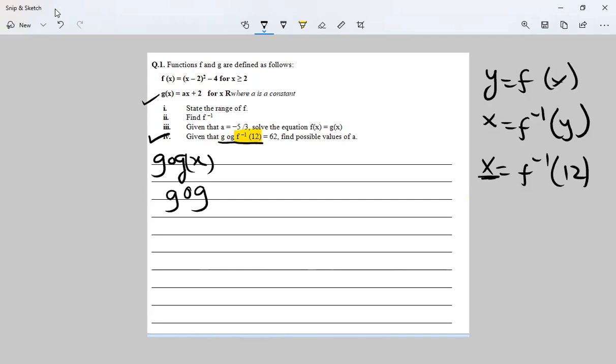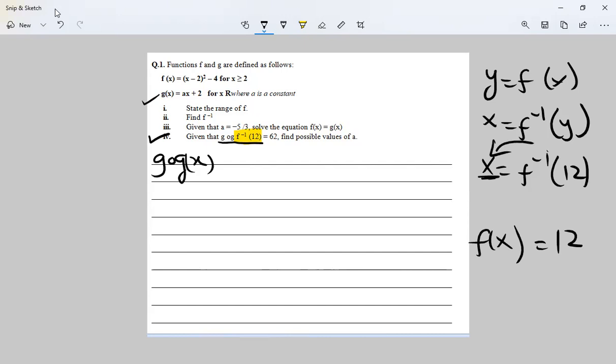Firstly, we will work for a few facts that are also given. As we know, if I write it down here, f inverse of x will become 12.